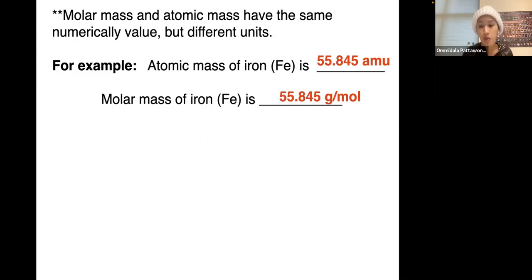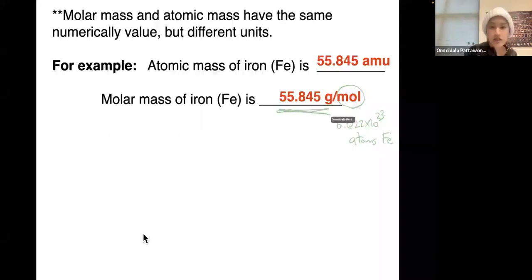The unit of molar mass would be reported as grams per mole, which means that if you have 1 mole of iron, which is 6.022 times 10^23 atoms of iron, this is how much it's going to weigh. It's going to weigh 55.845 grams. But if you have just 1 atom of iron, it's going to weigh this 55.845 AMU, atomic mass unit.